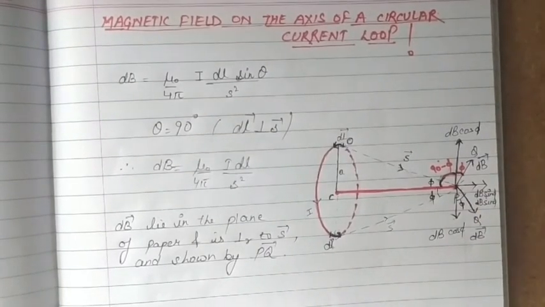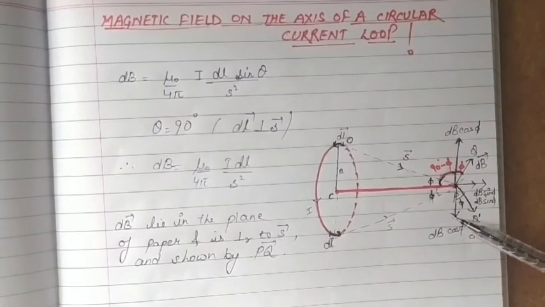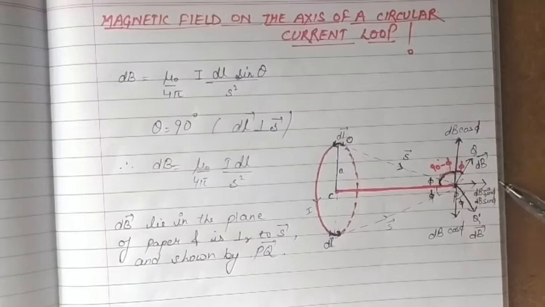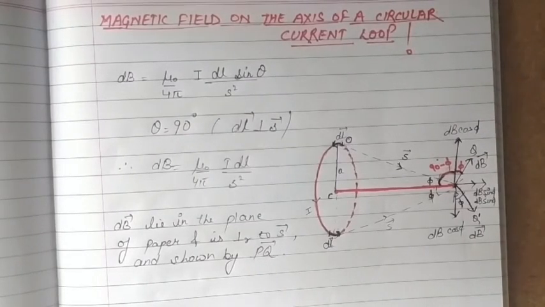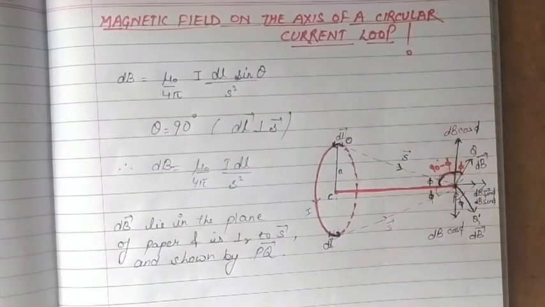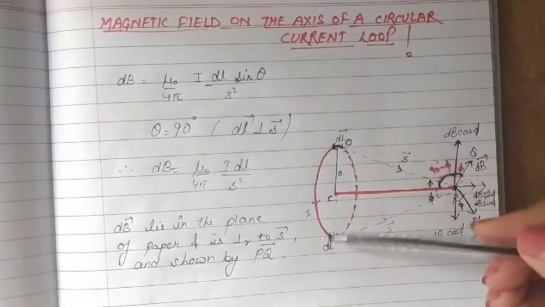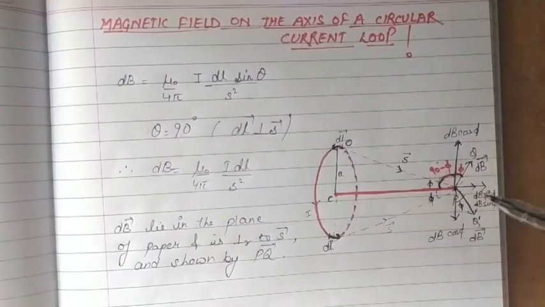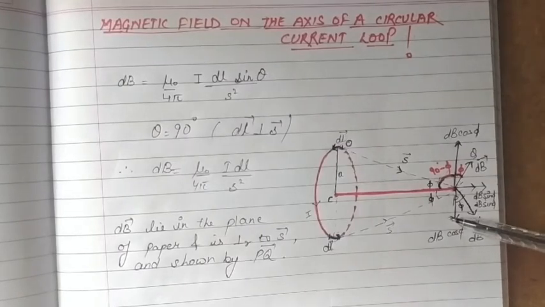Okay, so dB cos phi is perpendicular to the axis, while dB sin phi is along the axis of the loop. So what we are concluding here is that in such a system, for any two diametrically opposite elements of the loop, the components perpendicular to the axis of the loop will be equal and opposite and will cancel out.